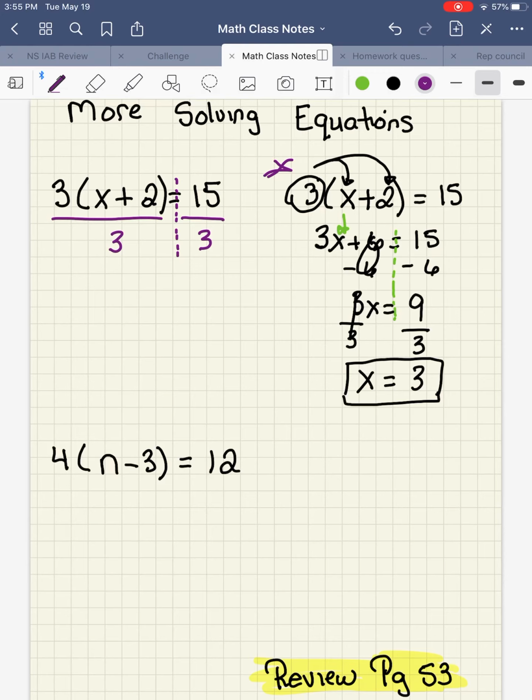well, 3 divided by 3 right here is 1, and 1 times x is just x, and 1 times 2 is 2. So basically, once that's a 1 in front of the parentheses, we don't need to worry about it because when we multiply by 1, nothing changes. 15 divided by 3 is 5, and so now I have the problem x plus 2 is equal to 5.